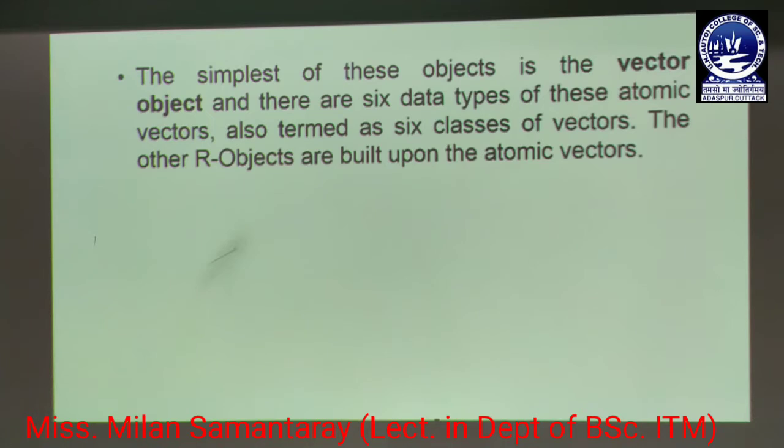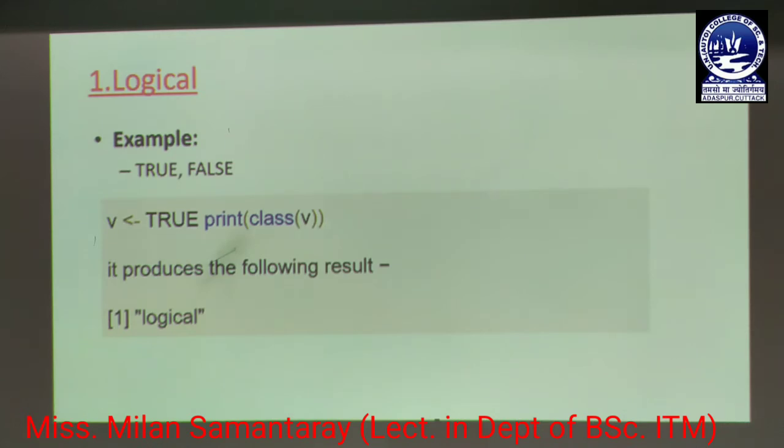Basically the simplest object which we use in R programming to declare a variable is our vector, and within that vector object there are 6 data types. First we will see what these are.